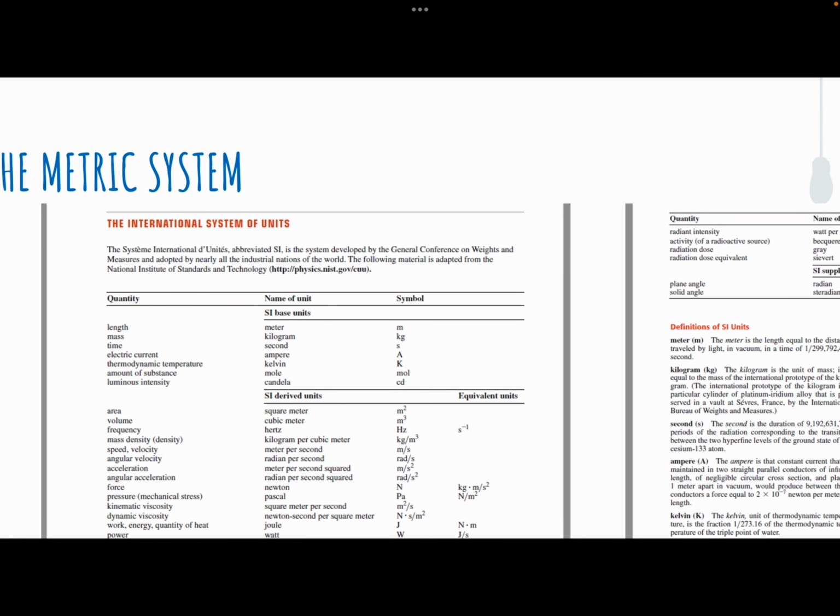So, the SI units of length, mass, and time are meter, kilogram, and second respectively.